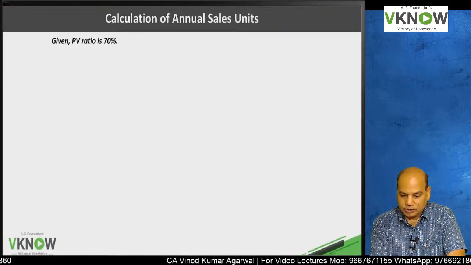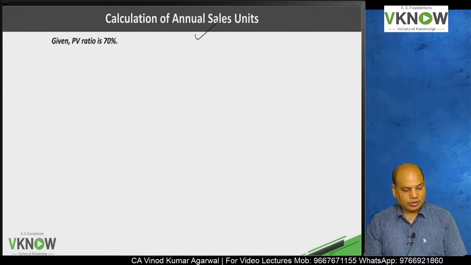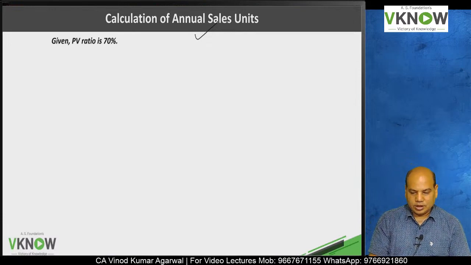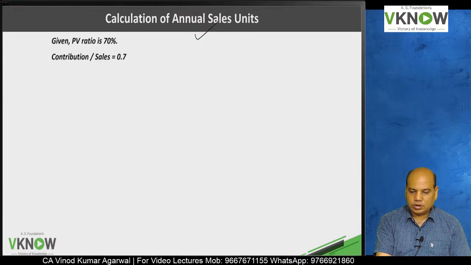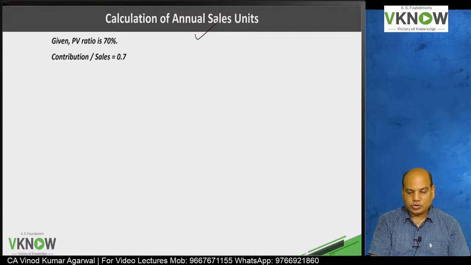Come to next point, calculation of annual sales unit. You are given PV ratio. Given PV ratio is 70%.